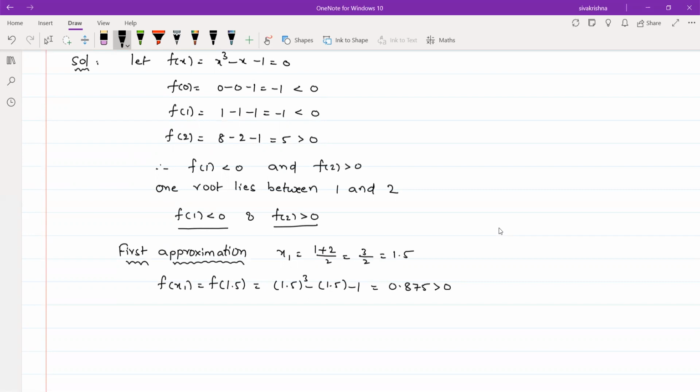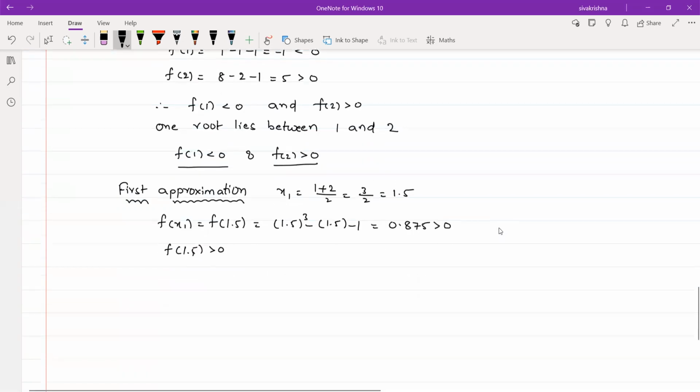It means f of 1.5 is a positive value. So if you want to find the next approximation, we require two values, one positive and the other negative. Since f of 1.5 is positive, we now have to carry the negative value from the above steps. Since we have f of 1 is less than 0, I am writing f of 1 is less than 0.